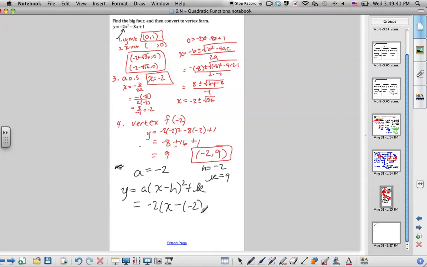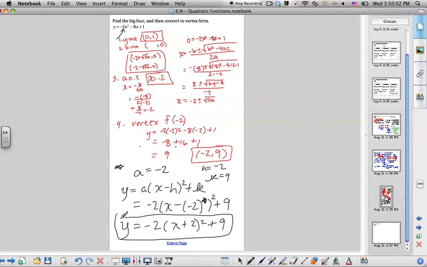Minus 2. So x minus -2, squared, plus 9. So let's make this look a little prettier: negative 2 times x plus 2, squared, plus 9. The squared should be out here, not right there. Plus 9. And that is the same function in vertex form.